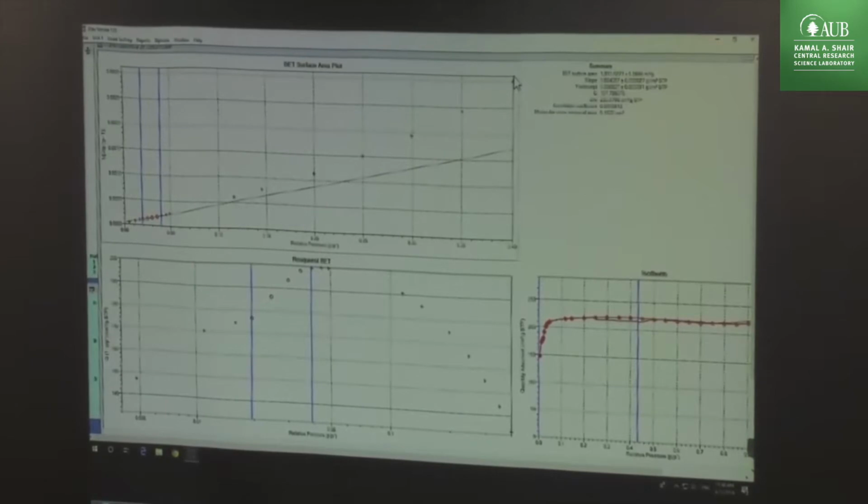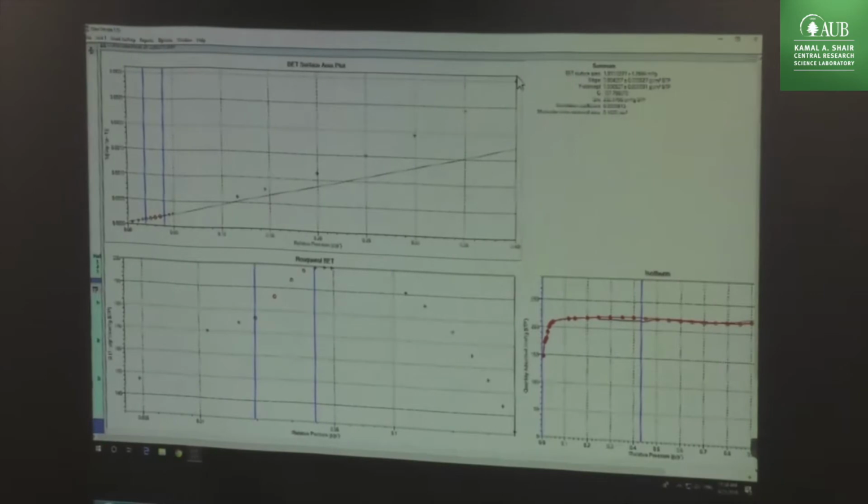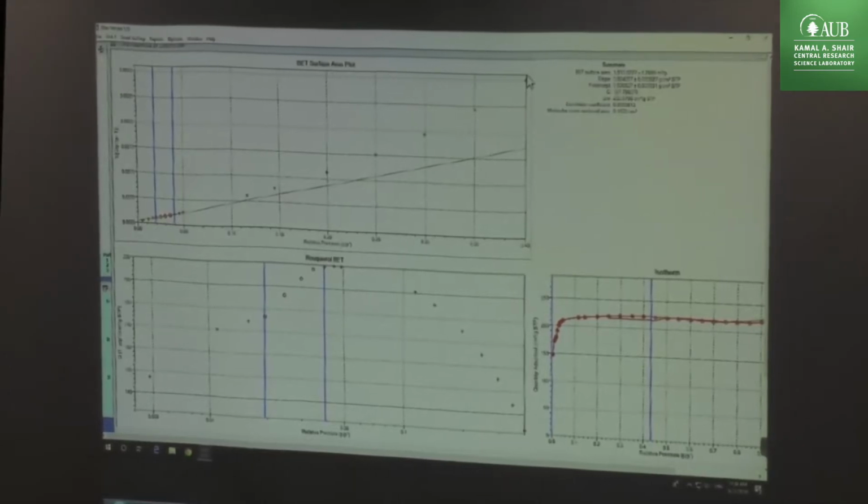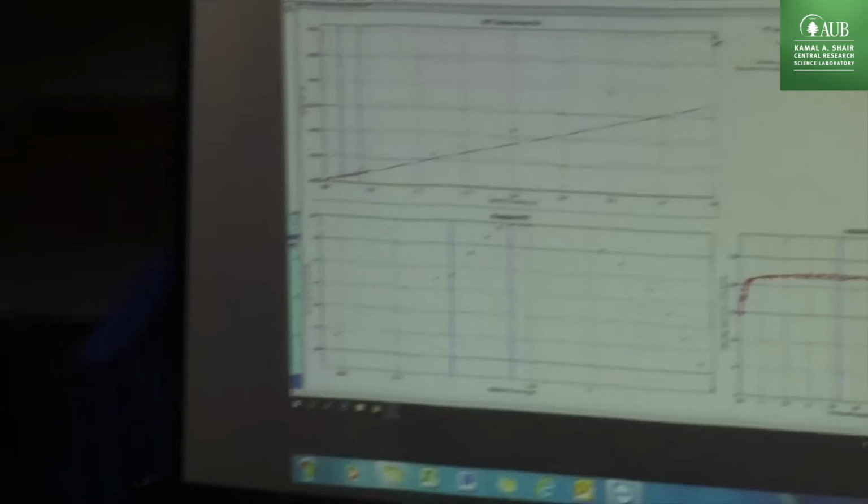So the first thing we should know is that zeolite should give us a type 1 adsorption isotherm. Some zeolites, depending on the way they have been treated, can create some mesopores or some macropores, or can create false pores. What false pores means is that the zeolite has a very, very small particle size.